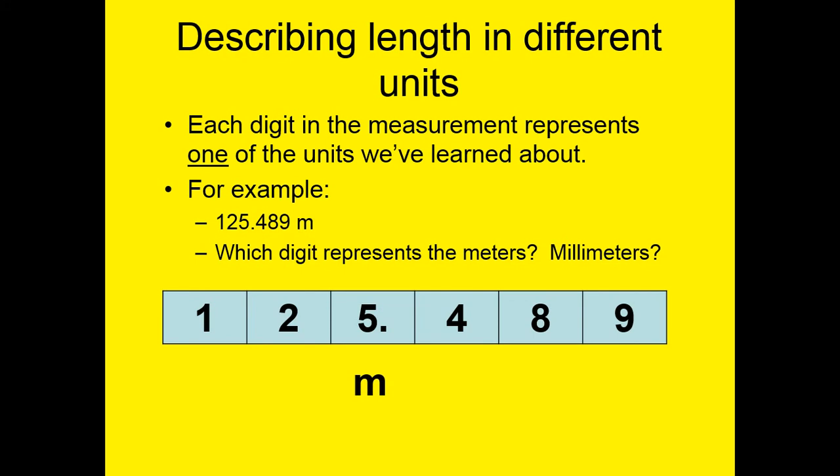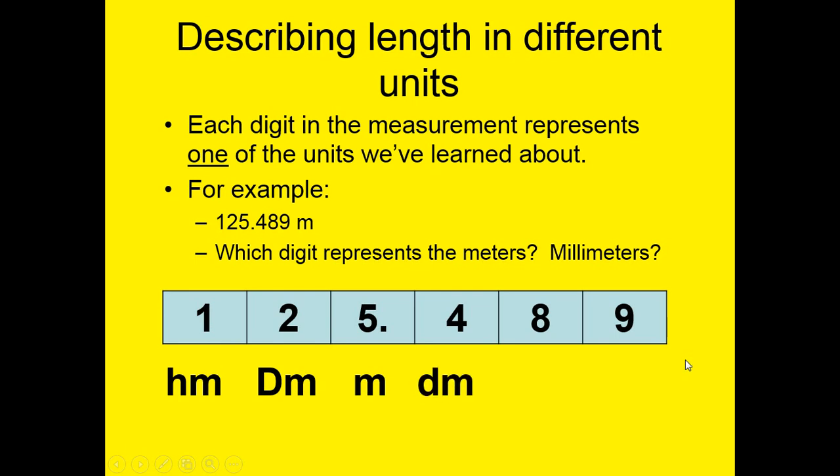So the 5 means there are 5 whole meters in this length. If we work our way to the left, in addition to those 5 meters, we also have 2 decameters and 1 hectometer. That makes the term 125 meters if it stopped there. But since our measurement continues, that must mean we have something less than 1 whole meter beyond that.